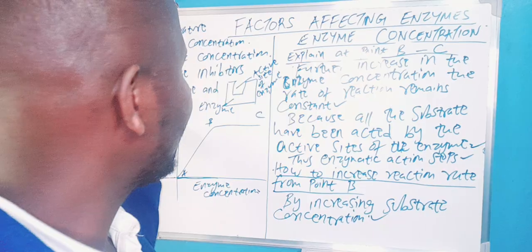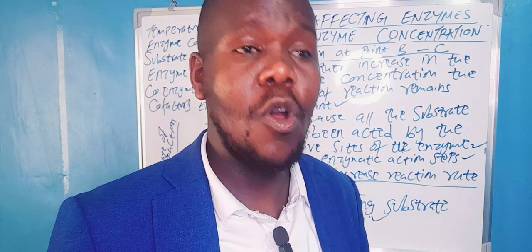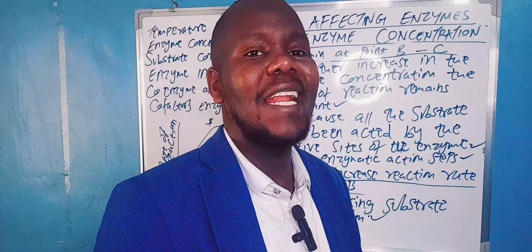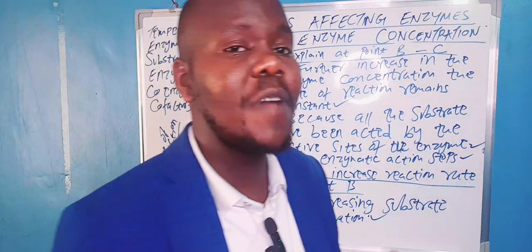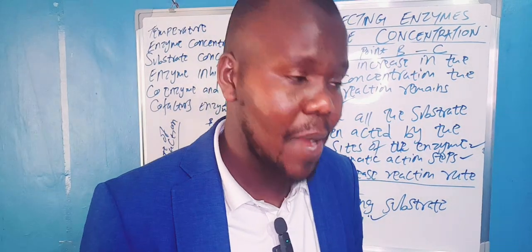Then the explanation you'll be using depends on the condition you're told it was set to. If it was in an acidic condition, we are talking of pepsin and renin, and the area we are speaking about is the stomach.